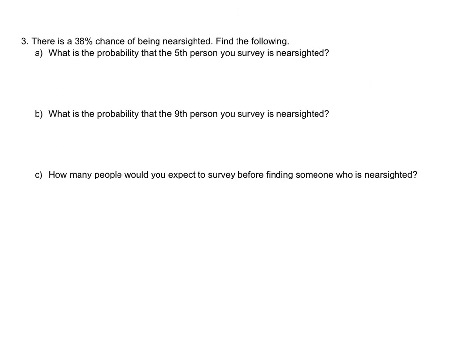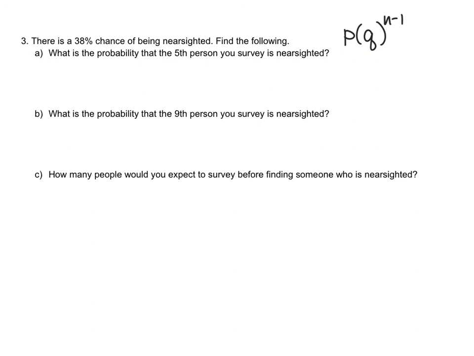Lastly, we have that there is a 38% chance of being nearsighted, and we want to find the following. This is an example of the geometric probability distribution, where probability is found by doing p times q to the n minus 1, because we're trying to figure out the first success on the nth trial.